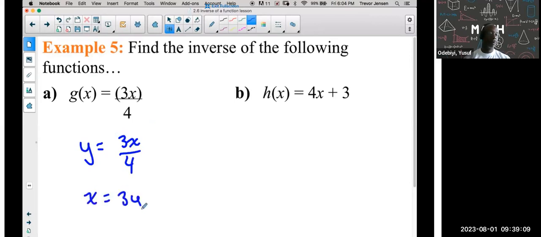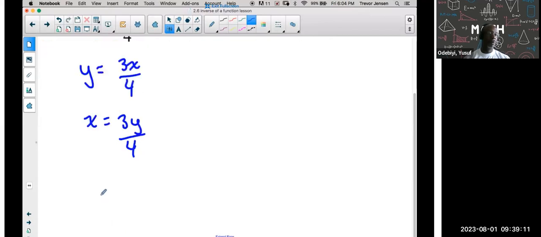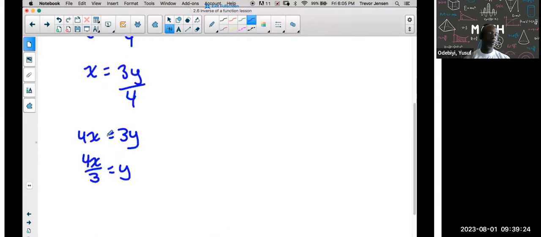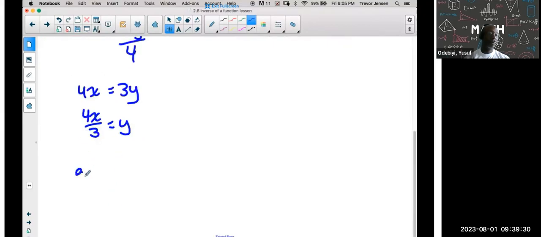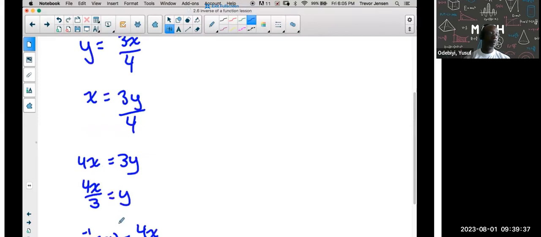Instead of writing x, we'll write y. And now we just rearrange this equation algebraically to isolate y. So multiply the 4 over, and then divide by 3. And then lastly, we'll write the proper notation. Instead of writing y, we will write the inverse of g at x. We no longer have g at x, we now have the inverse of g at x. It's equal to 4x over 3.